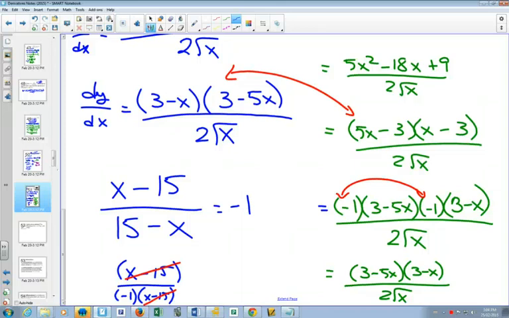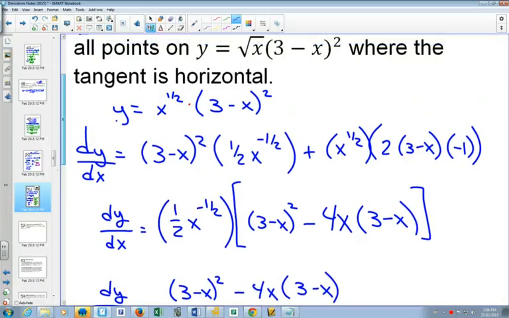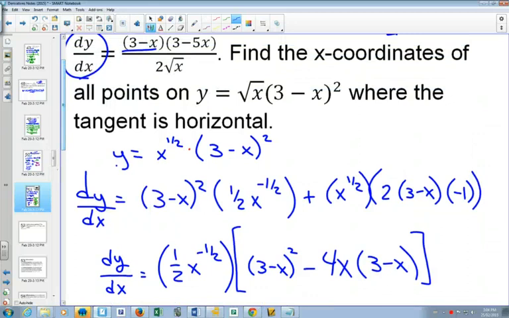So now that we've shown what we wanted to show, the second part of this question said, find the x-coordinates of all the points on this function where the tangent is horizontal. And we're going to look at this with GeoGebra as well, because there are some cool things happening, and having a graphical approach is nice.